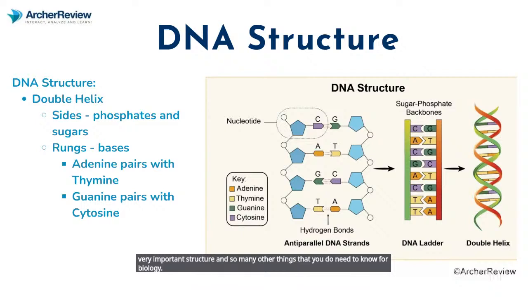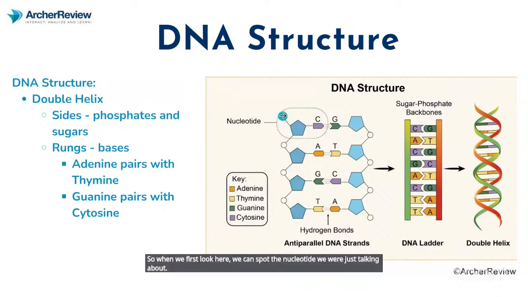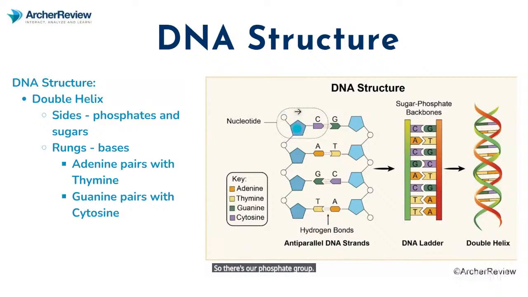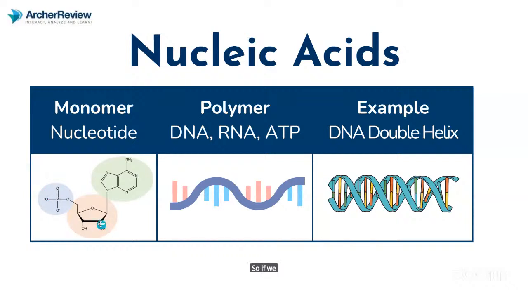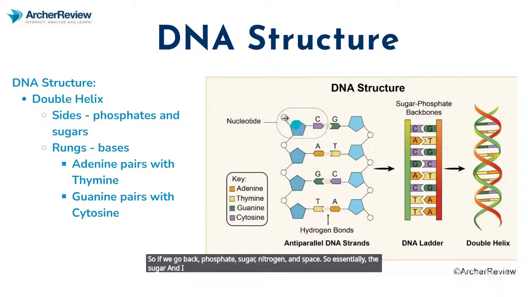So when we first look here, we can spot the nucleotide we were just talking about. There's our phosphate group, there's our sugar, there's our nitrogenous base. So if we go back: phosphate, sugar, nitrogenous base. Essentially, the sugar and the phosphates make the sides of the ladder.